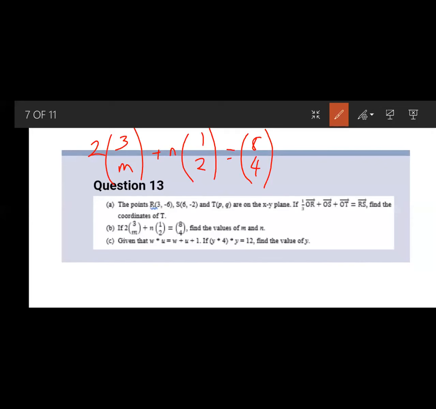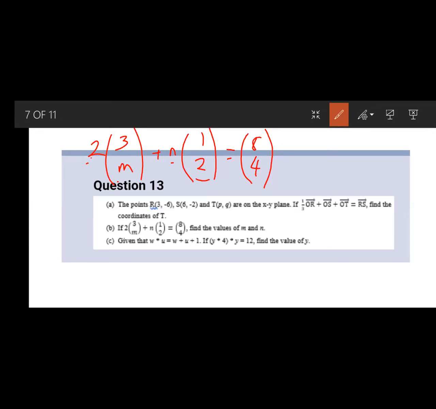So definitely it will still lead us to something simultaneous. It will even be very linear for us to solve. So 2 times 3 is just multiply 2 by everything here, multiply n by everything here.